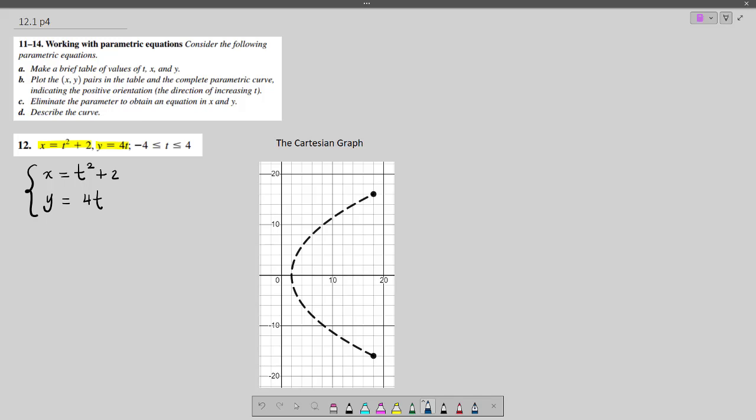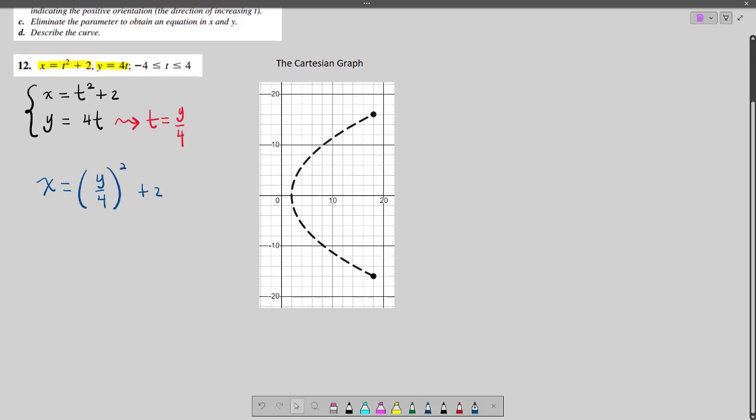That's not good. You don't want to have a plus or minus in there. So if one of the equations has an odd power, you want to go with that one because there's going to be one solution. So let's solve this one for t. t will be y over 4. And now we'll substitute that into the top equation. So in the top equation, we are going to replace the t with y divided by 4.